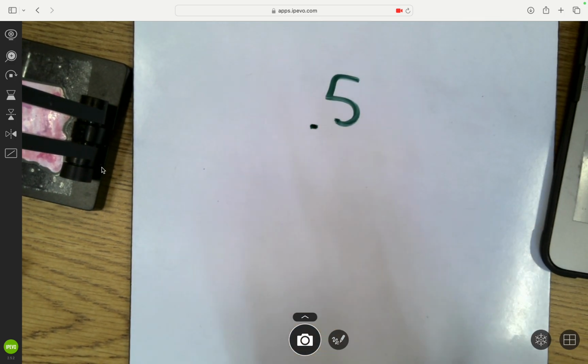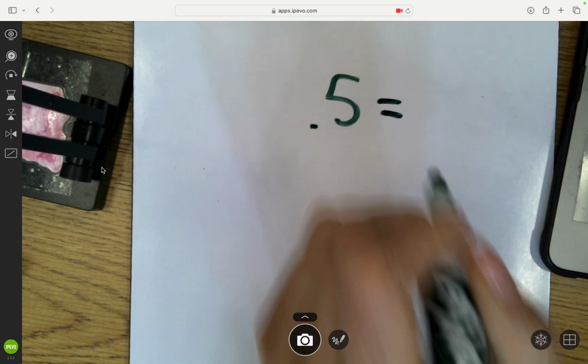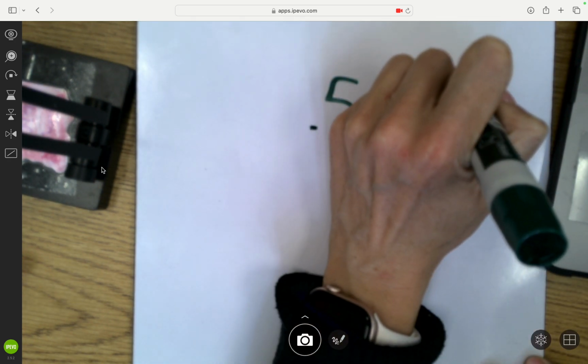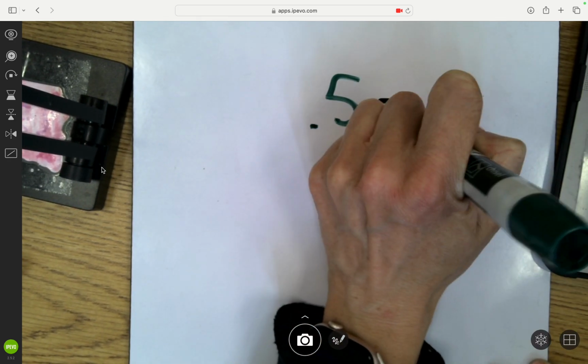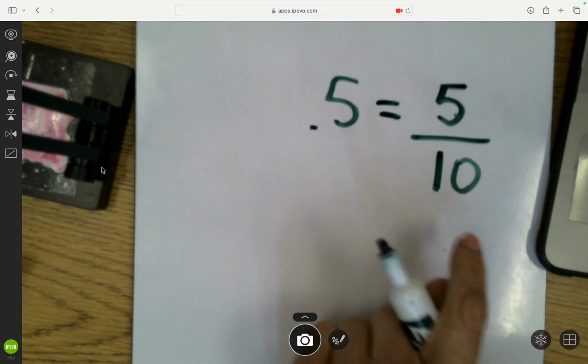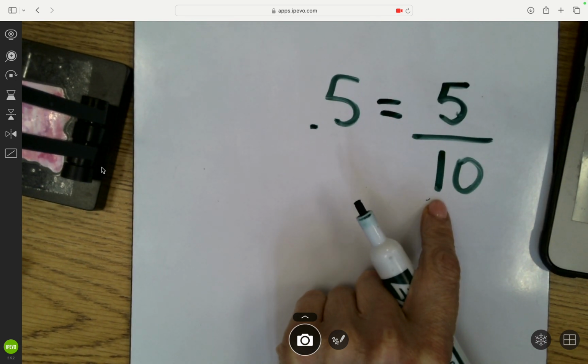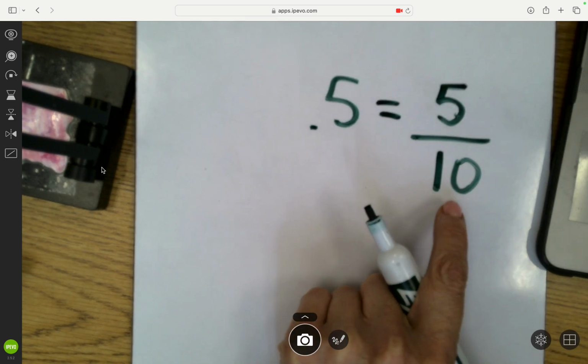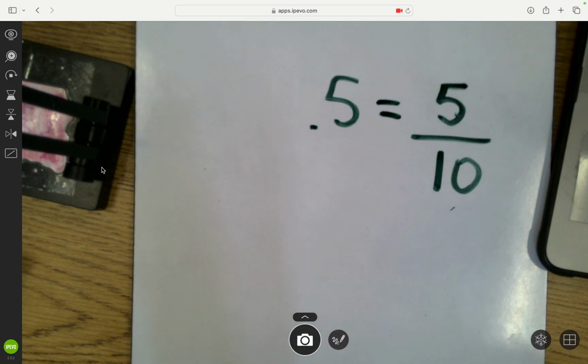If I have 0.5, if I wanted to represent this as a fraction, I would put a 5 over a 10. 5/10. The 10 is the whole, represented in our denominator, and the 5 is our numerator.